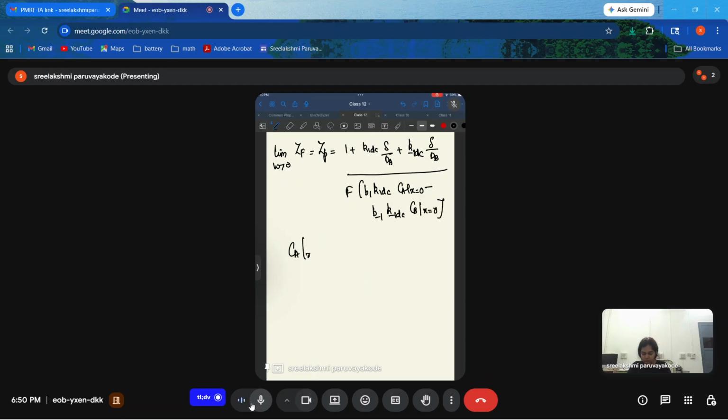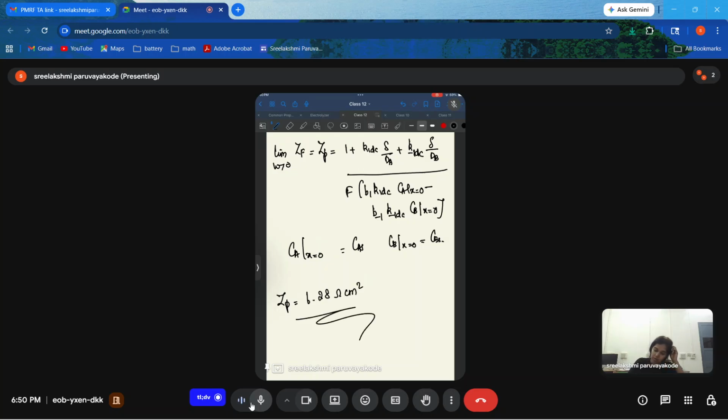Here CA at x equal to 0 equals CAS and CB at x equal to 0 equals CBS. Same as before, all the values are given in the questions, including the del value. We substitute them, and finally, when I solved it, I got the value 6.28.